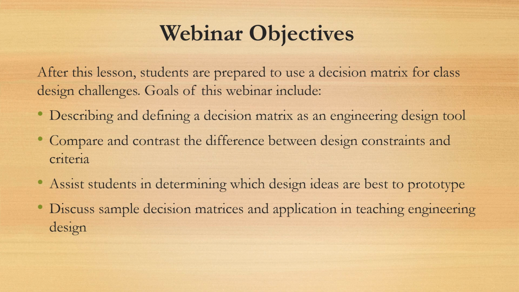First and foremost, I'm going to share with you an overall definition of what a decision matrix is, and how it's an engineering design tool. I want to talk a little bit about design constraints versus criteria and hope to shed a little light on that.